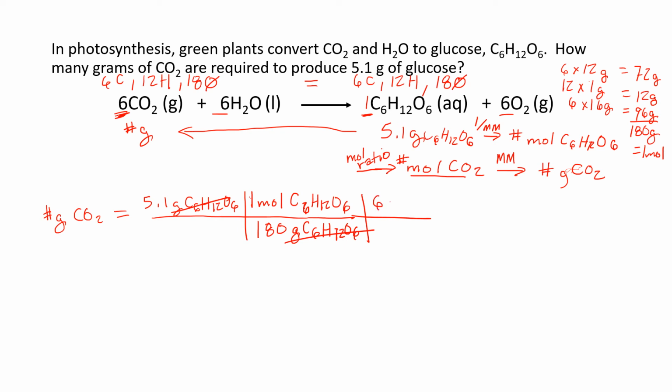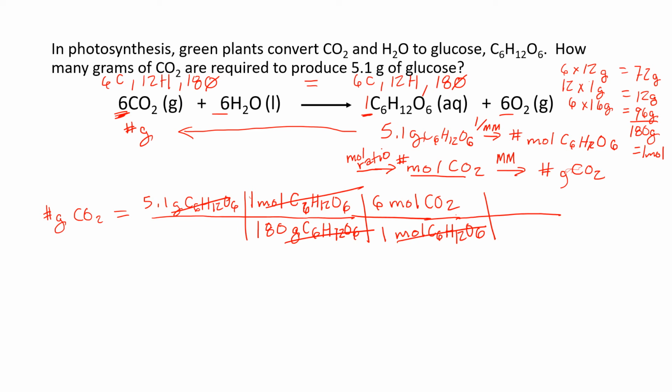So I'm going to write 6 moles of carbon dioxide up top, and I will write 1 mole of glucose on the bottom. And watch this: moles of glucose. Remember, mole is a unit, an SI unit for amount of substance. So we cancel the moles of glucose. Now I'm in moles of CO2.